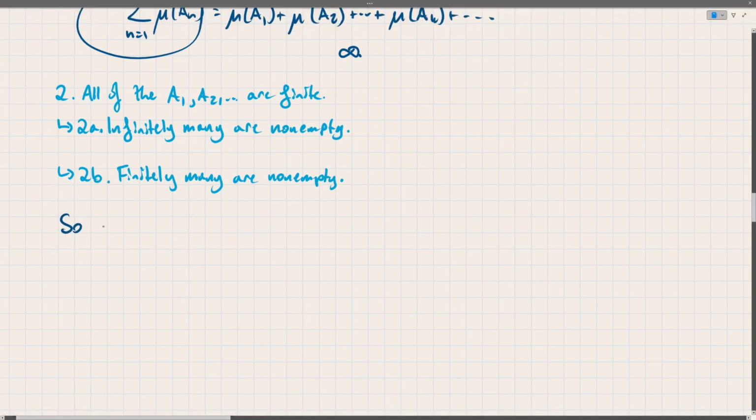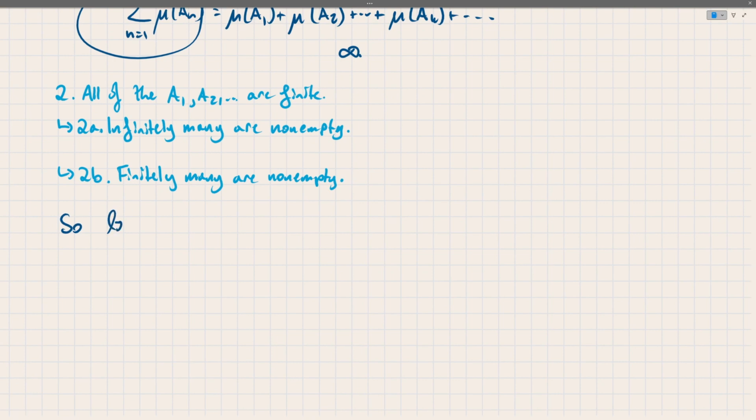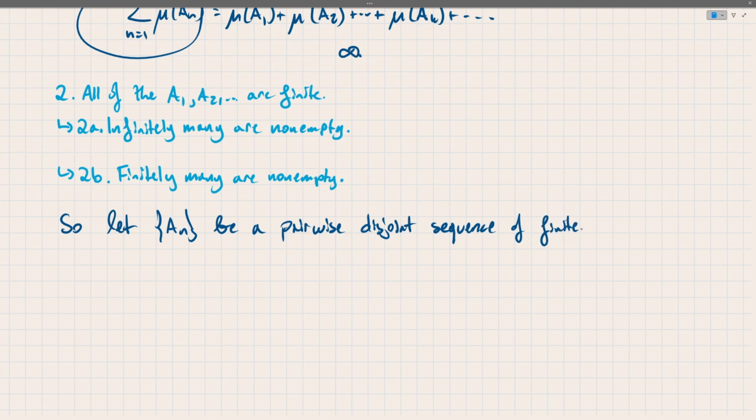So let AN be a pairwise disjoint sequence of finite sets in the power set of N. Okay, and so we just consider 2a and 2b.